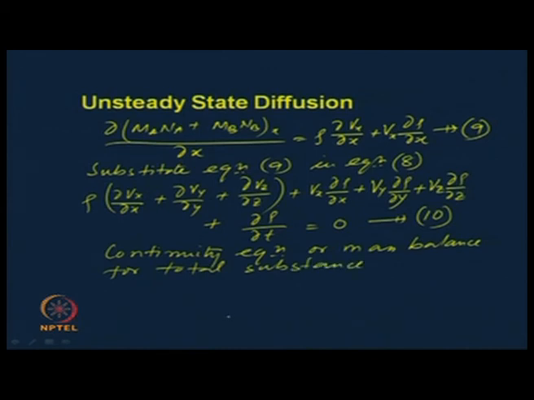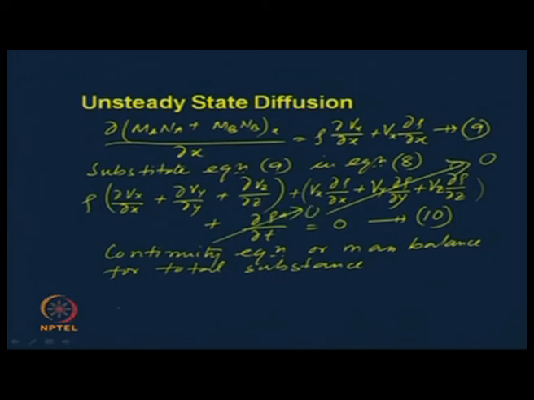Now, if the solution density rho is constant, this part will be 0 and this will be 0.